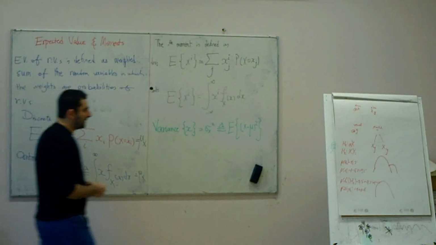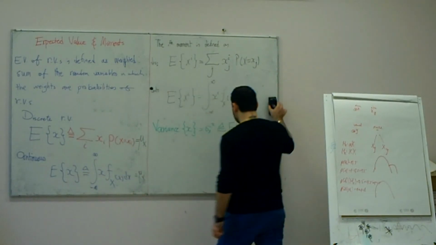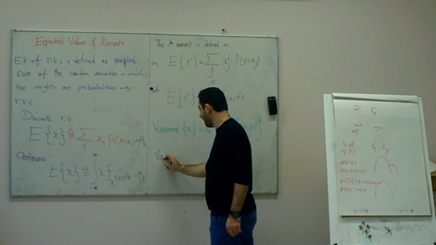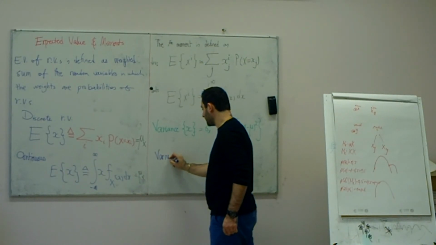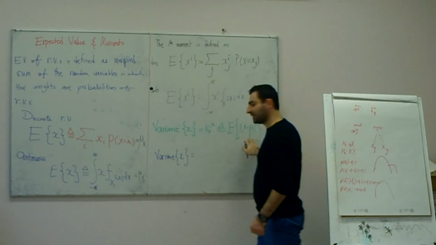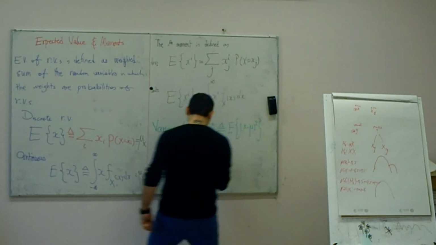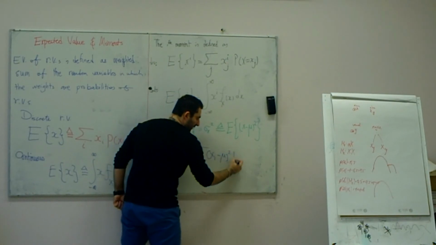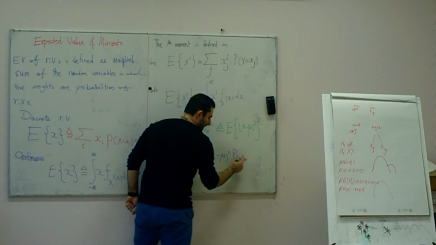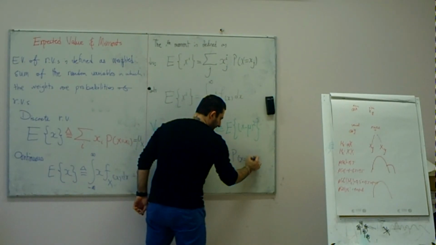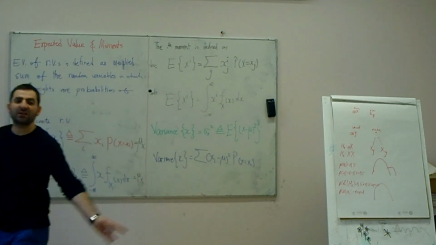In the discrete form, the variance of x, because this is the expected value of x minus mu squared, is the summation of xi minus mu squared multiplied by the probability that x is equal to xi. This was the definition of the variance.